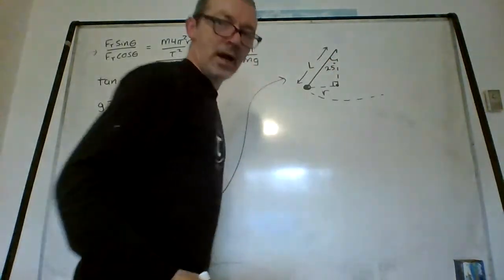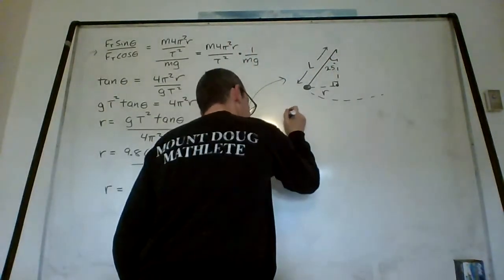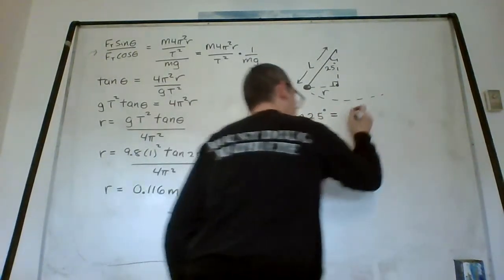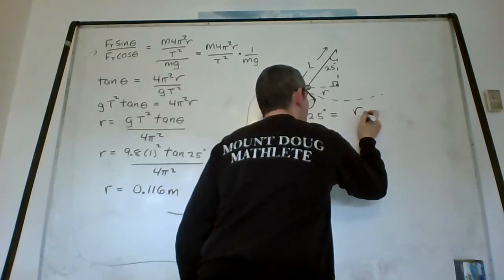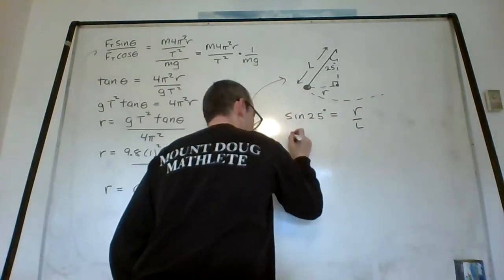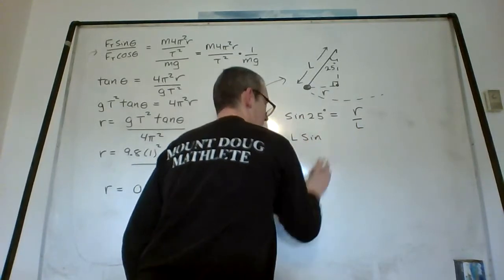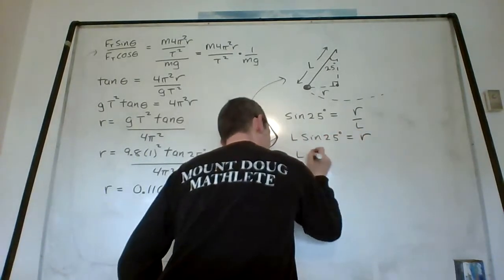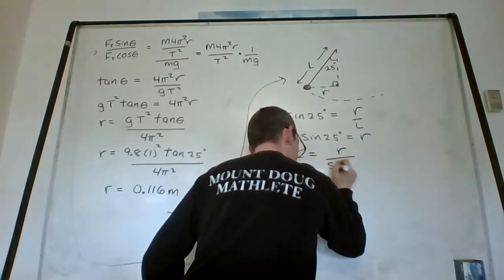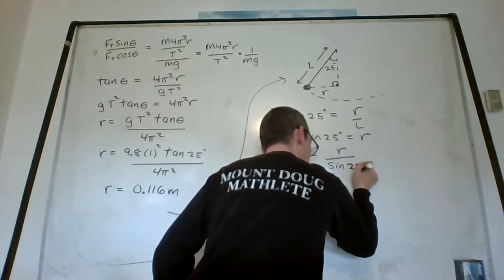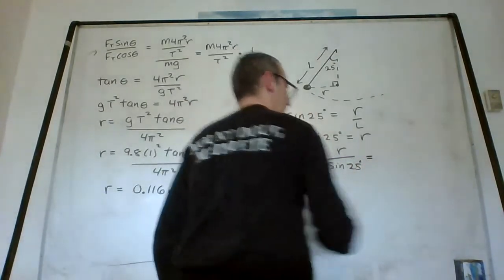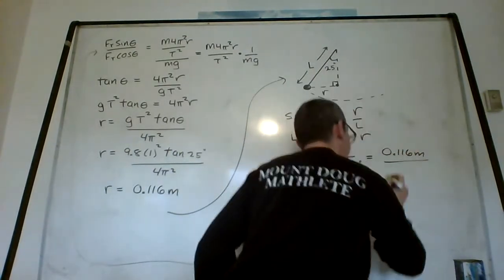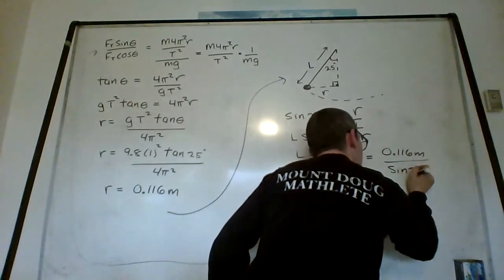So I can just use now trigonometry, the sine ratio. Sine of 25 equals R over L, or L sine 25 equals R. So L equals R over sine 25 equals 0.116 meters over sine 25.